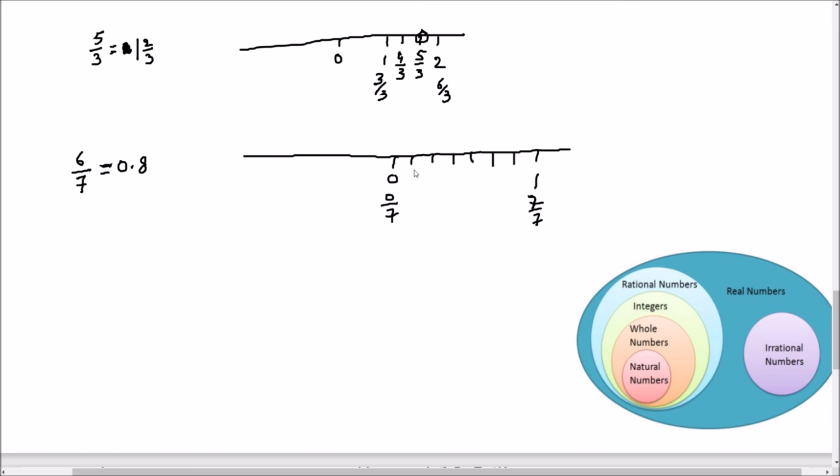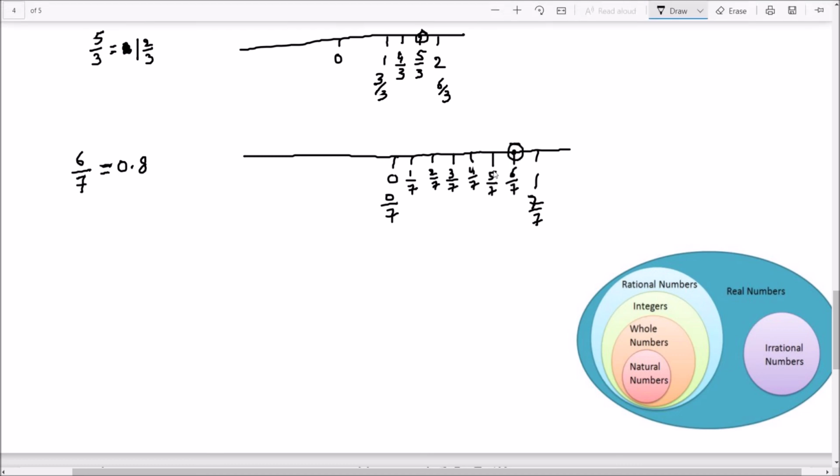So the first one will become 1 by 7, 2 by 7, 3 by 7, 4 by 7, 5 by 7, 6 by 7, which is our required number position. This is the way to represent any rational number on the number line.